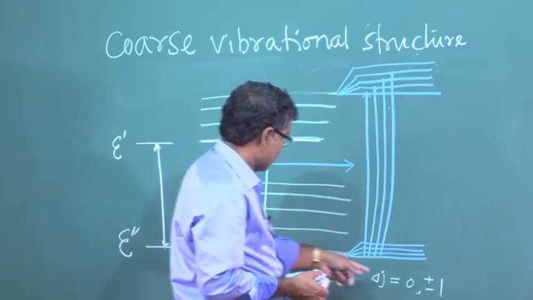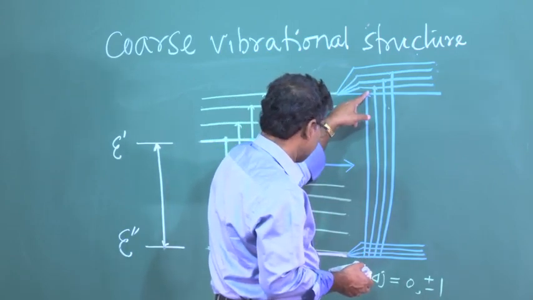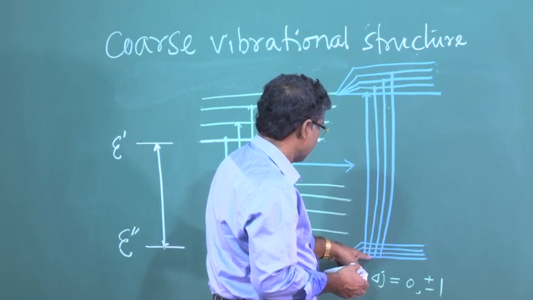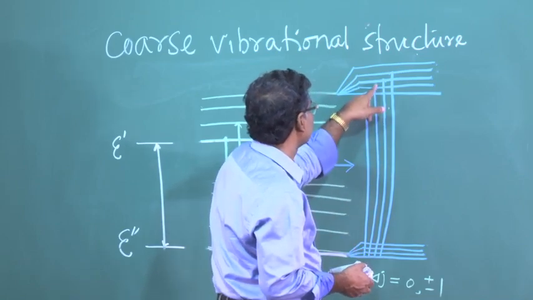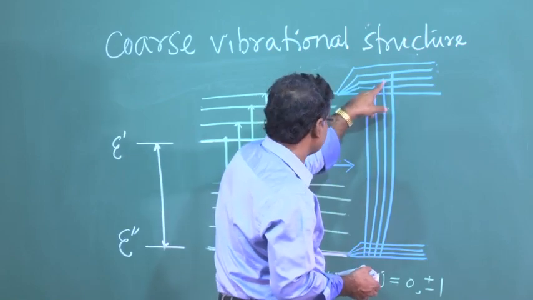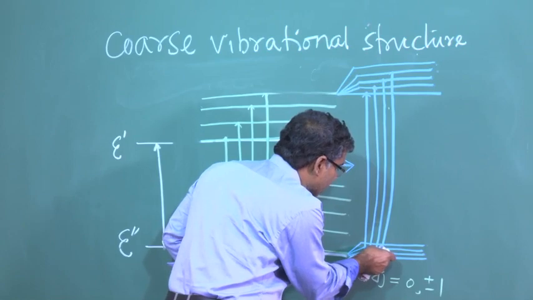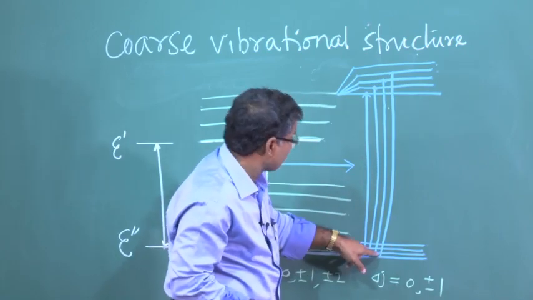So, del J equal to 0, from here to here it is possible, plus minus 1, here to here it is possible. So, here to here it is not possible. So, basically it can be from the next level, here to here.